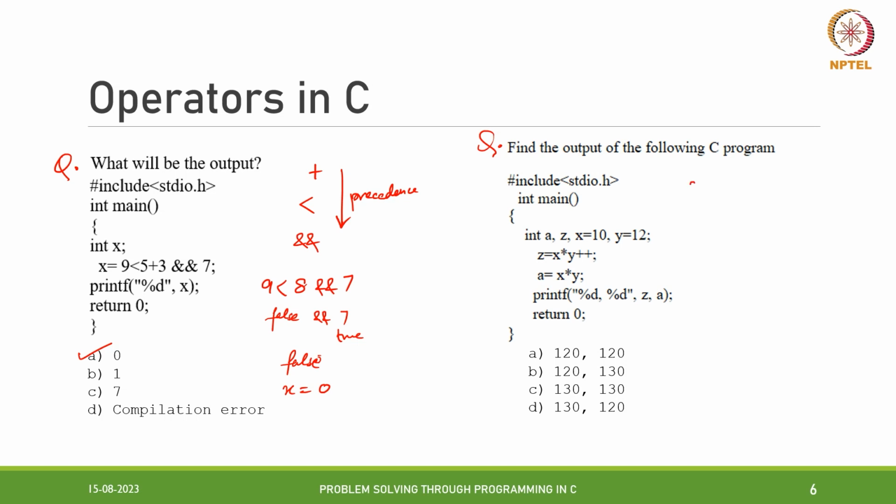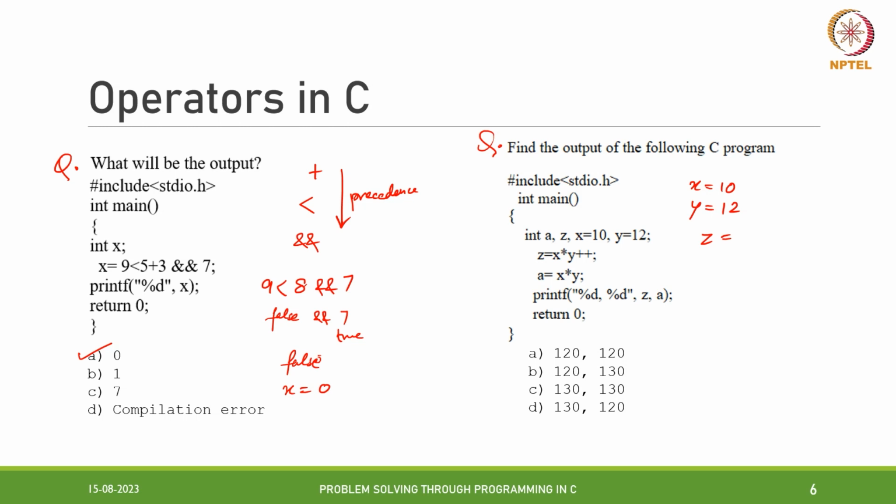Here we have two numbers, x equals 10 and y equals 12. Let us check that. Now we write z equals x into y plus plus. It's a post increment operation. What does that mean?